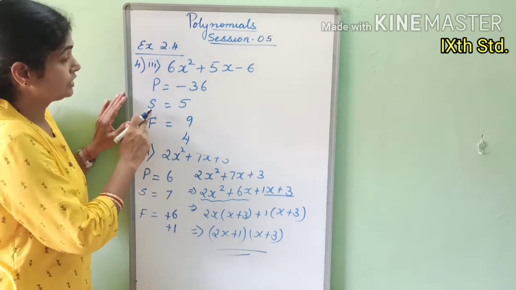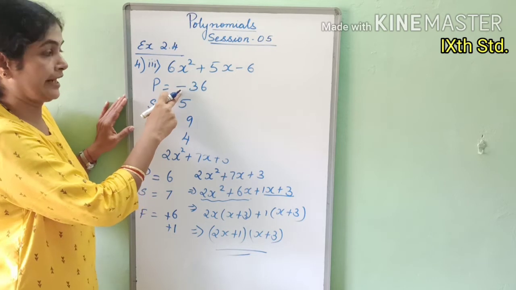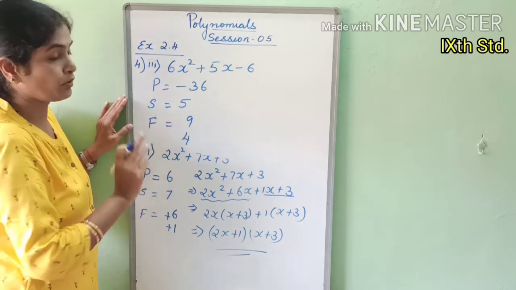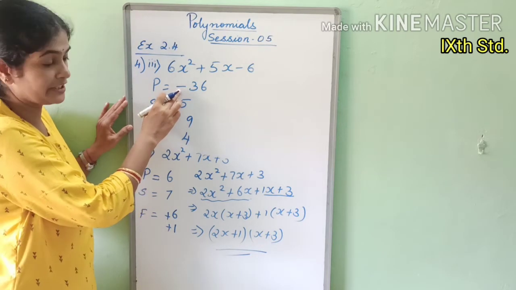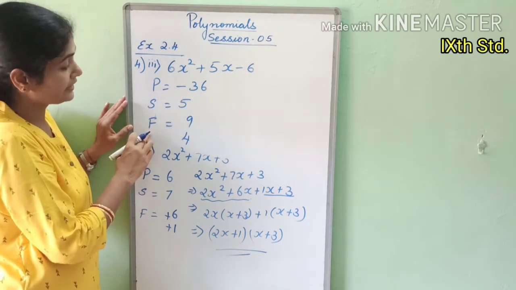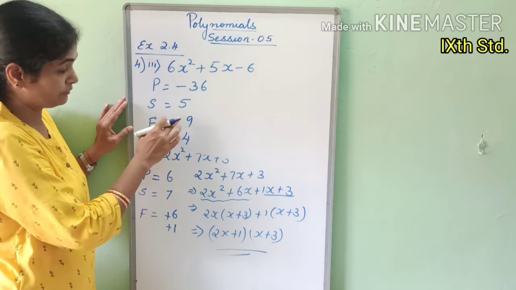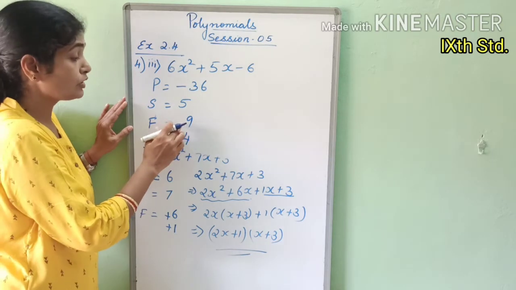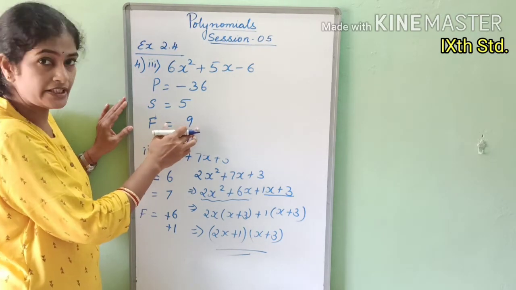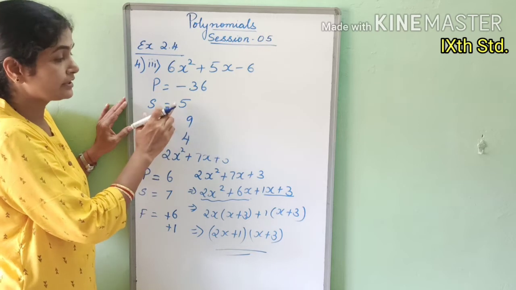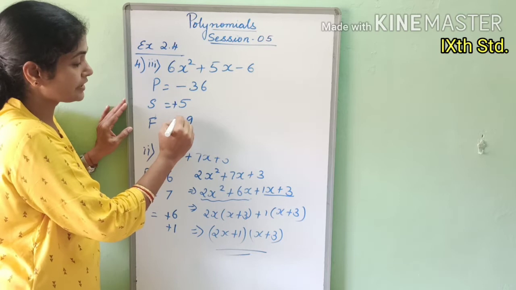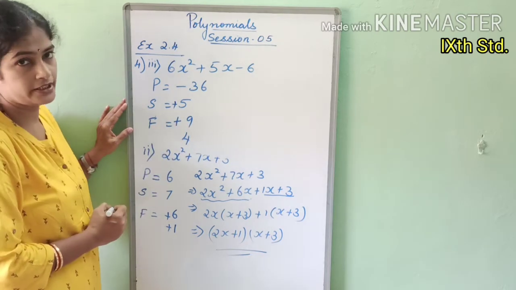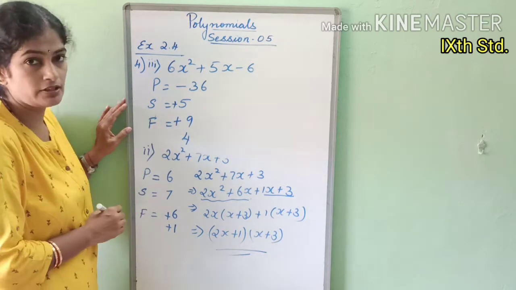Correct? Now, the product is negative and the sum is positive. Be careful, the product is negative here. Therefore, the factors are 9 and 4. The greater number in the factor will have the sign of the sum. The sign of the sum here is plus, and the greater number is 9, so that will also have the plus sign.